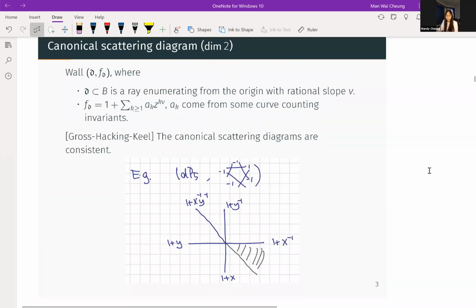Like Mark said today as well, Gross-Hacking-Keel showed that this canonical scattering diagram is consistent, which allows the gluing to be well defined. We'll say more about it later.